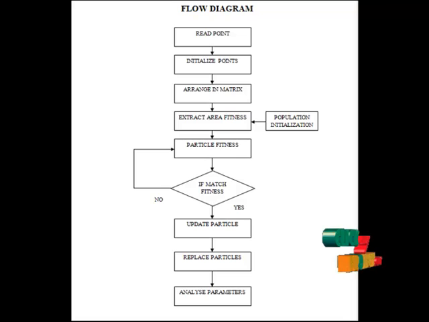There is only one piece of food in the area being searched. All the birds do not know where the food is. So, what's the best strategy to find the food? The effective one is to follow the bird which is nearest to the food. PSO learned from the scenario and used it to solve optimization problems.